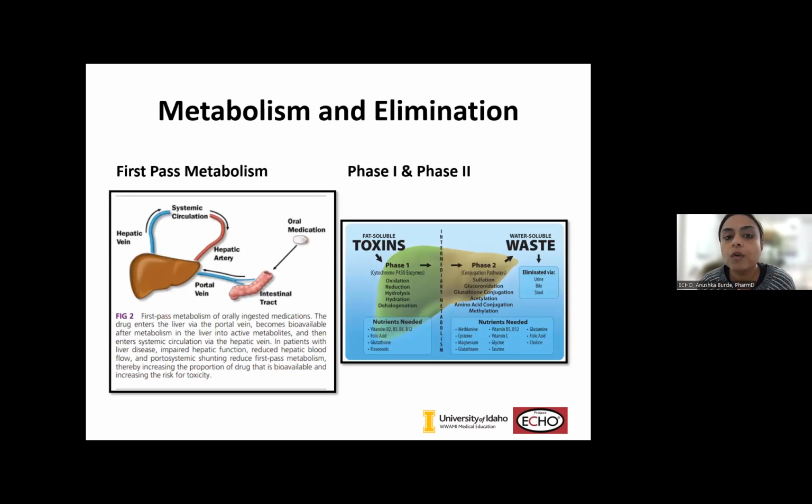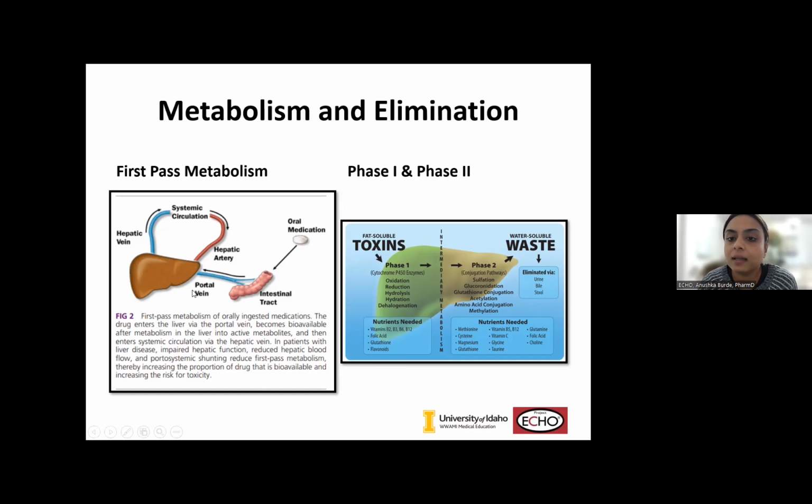Now, before I move on to the main slides, I do want to provide a brief overview of some of the metabolic pathways and elimination pathways of the liver to clear some of the medications. If you remember, first pass metabolism is when somebody takes an oral medication, it is absorbed through the GI tract, and then transported to the liver via the portal vein.